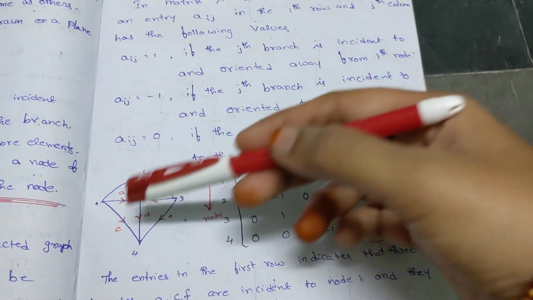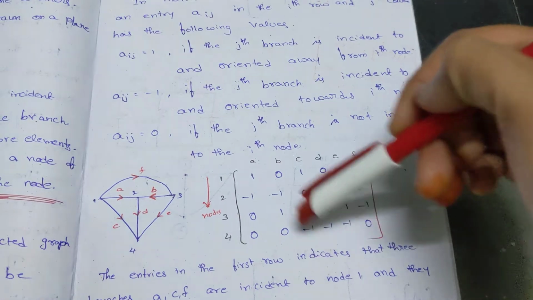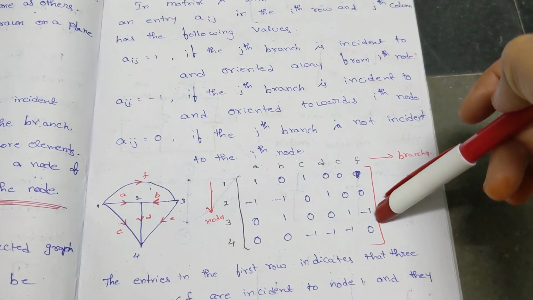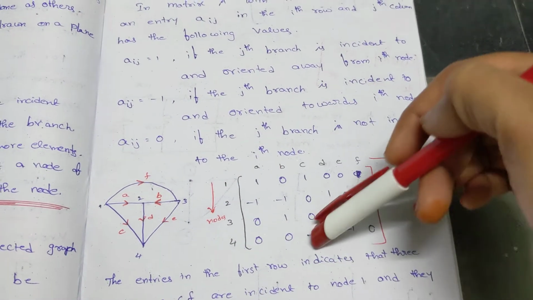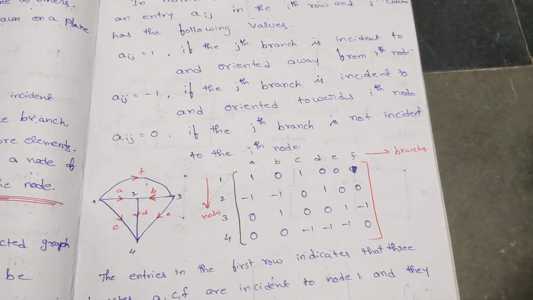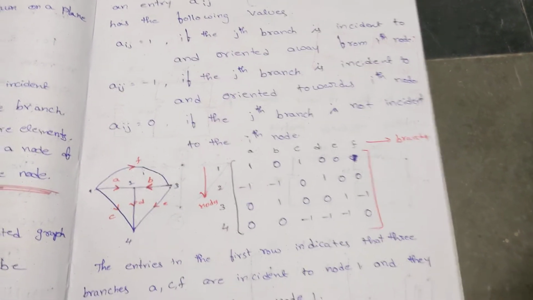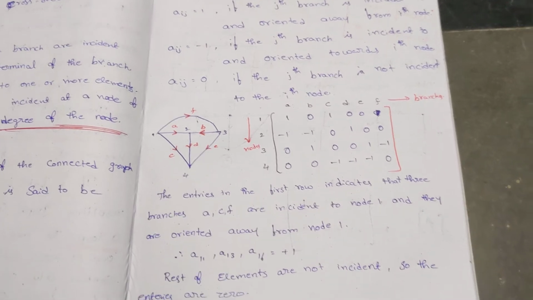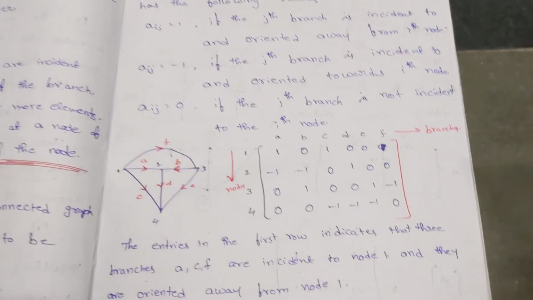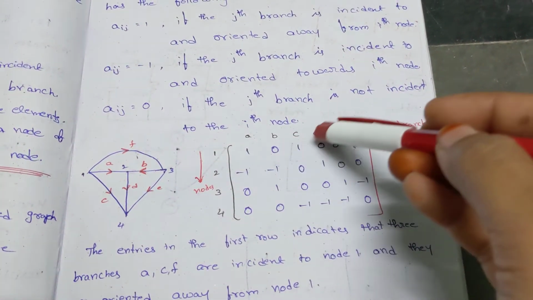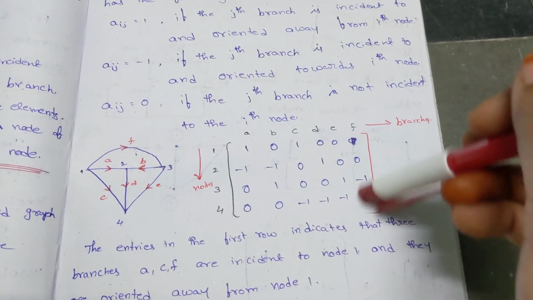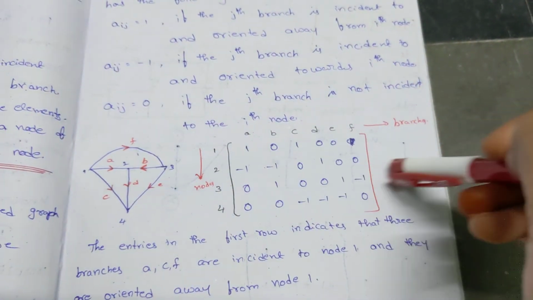And likewise for the fourth, C and D are available and all are towards the node, so all are negative. Okay, so this is the fashion in which we are going to write the elements. That means in a matrix capital A, each and every element is represented with a small letter.